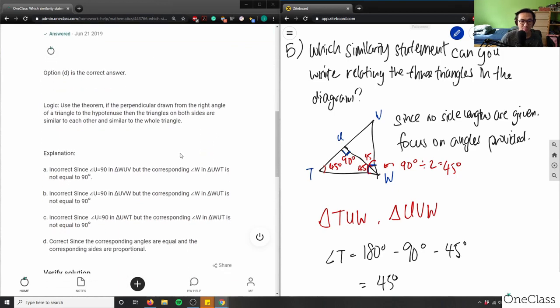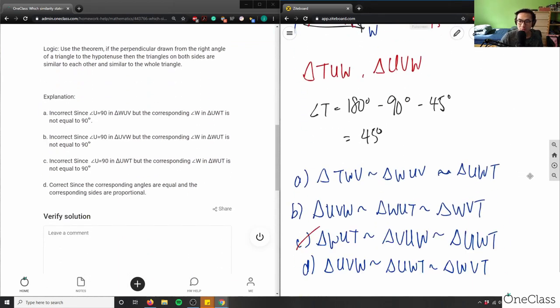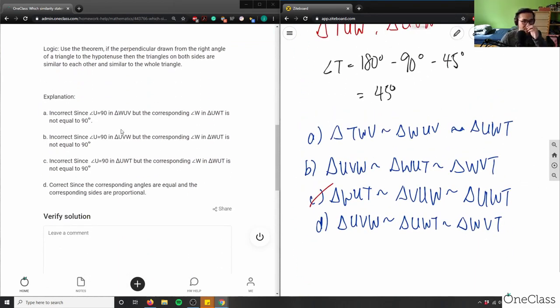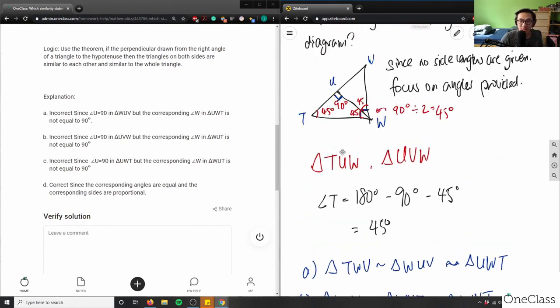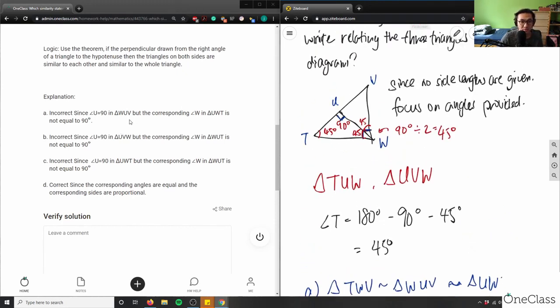So let's look at their explanation and see if it's good. It's saying that for A, angle U is 90 in VUW, but the corresponding angle W in UWT is not equal to 90.